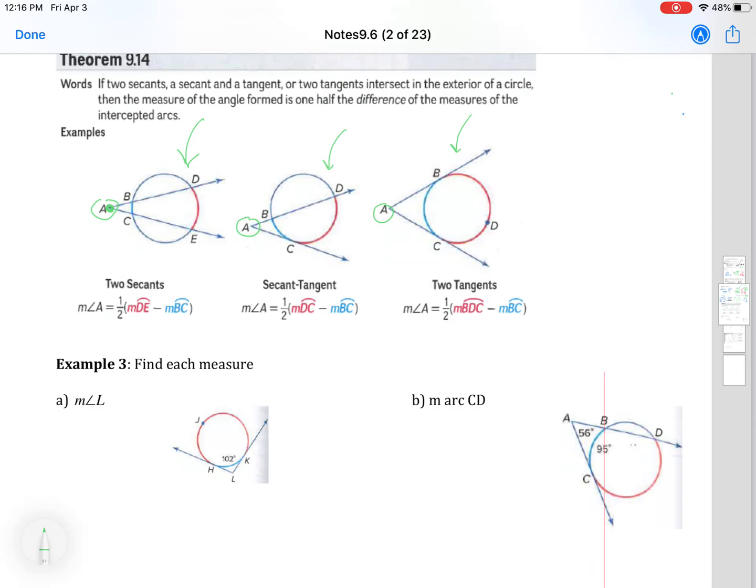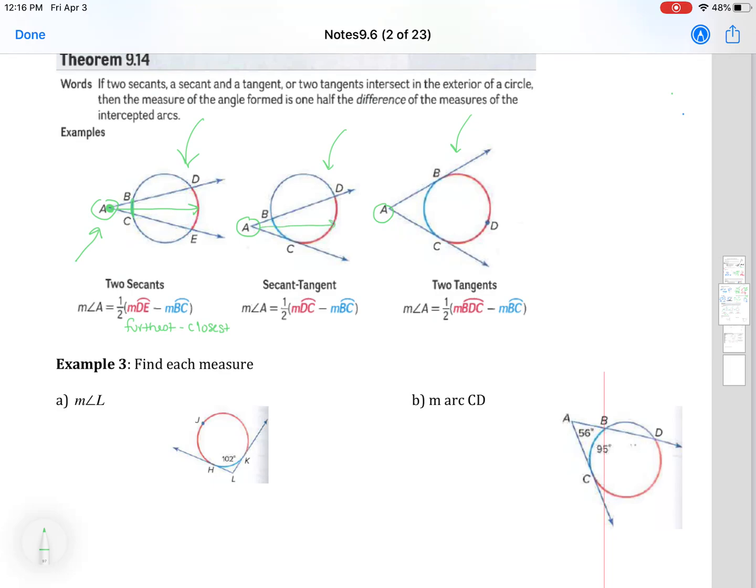And the nice part is the formula is the same in terms of process-wise on what you would do. So the formula says it's 1/2, so you're usually taking 1/2. And in this case, if we look at this one right here, it's the furthest arc, which is DE, minus the closest arc, which is BC. So this is the furthest minus the closest.